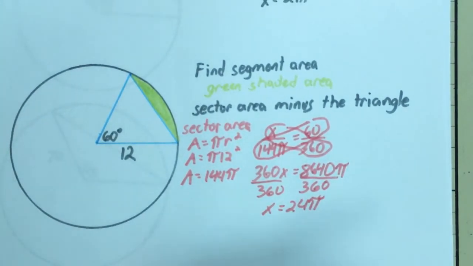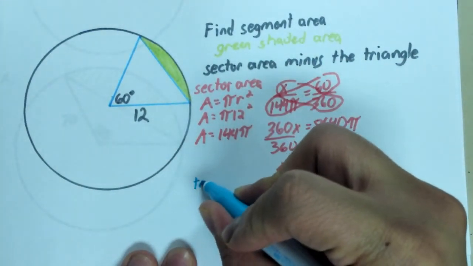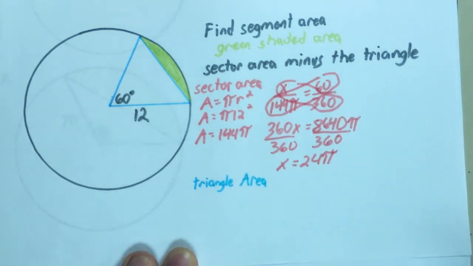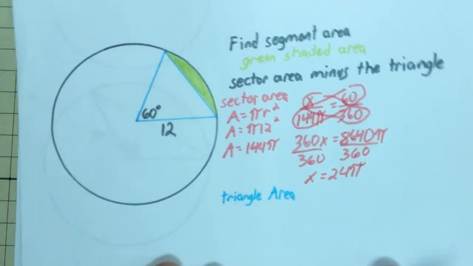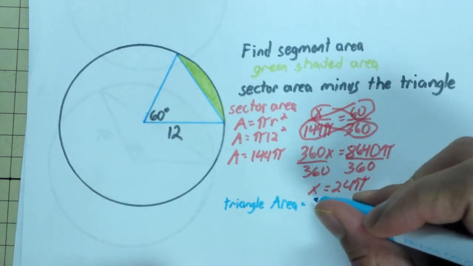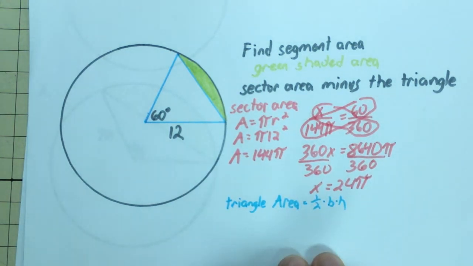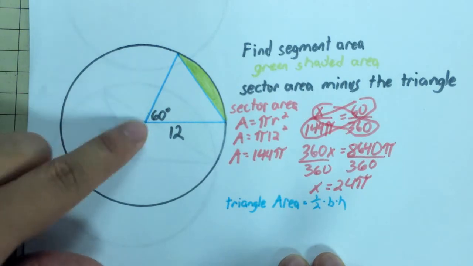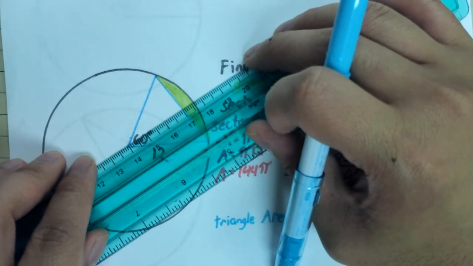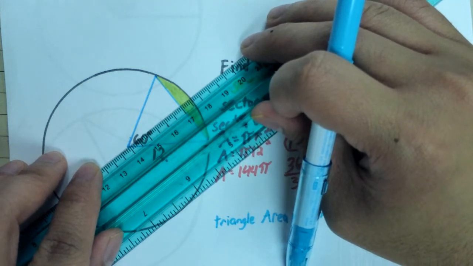Now we need to find the area of the triangle. This one's tricky, and let me show you how to do this. Area of a triangle is 1/2 times base times height. But we need to identify what my base and my height are. The hint here is that 60 degrees. Remember, in our previous units, the height of a triangle is the altitude, which goes from the vertex to a right angle.